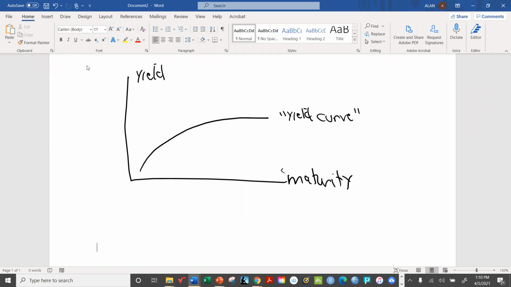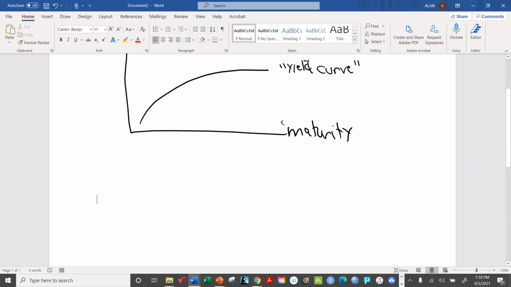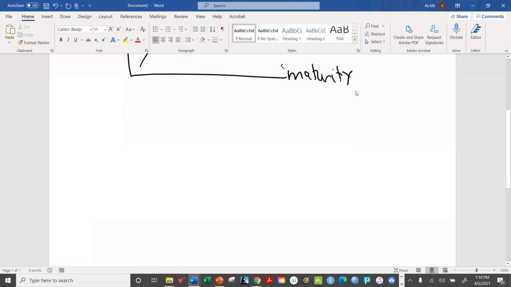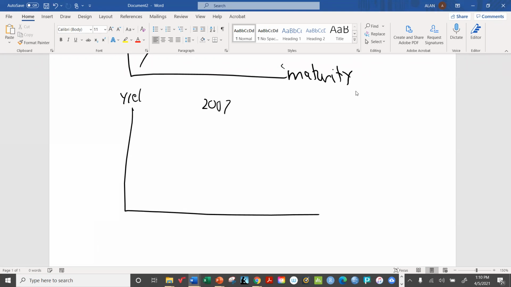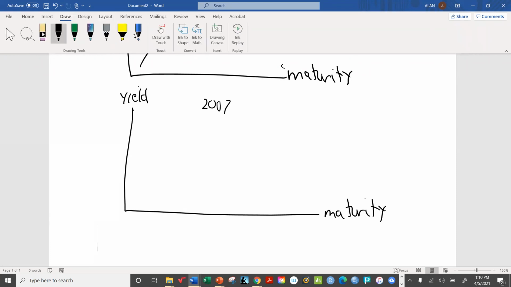Now, the case we're looking at here in 2007, if you notice, this yield curve is almost flat. And it happens sometimes. It's just not common.